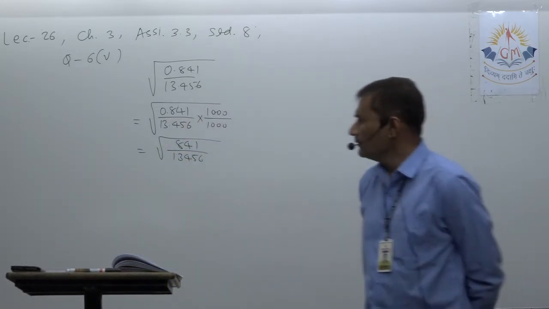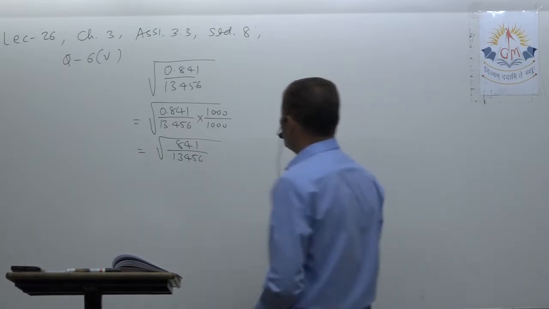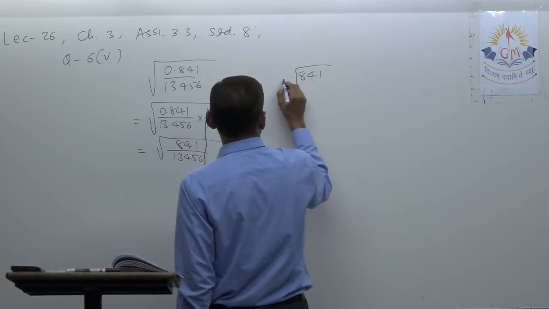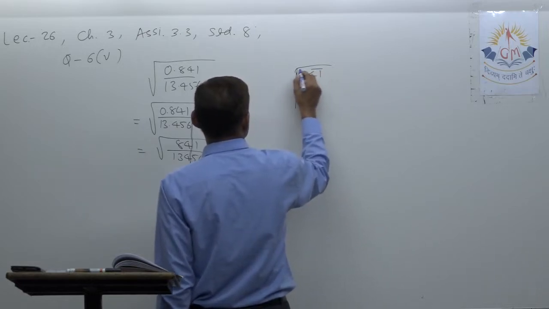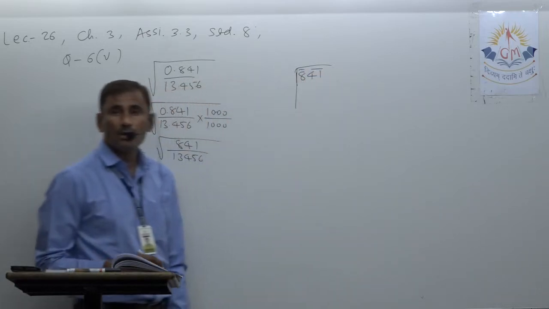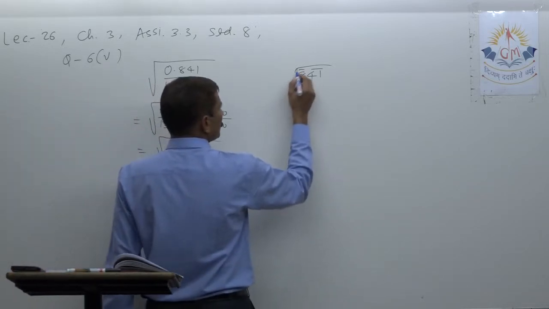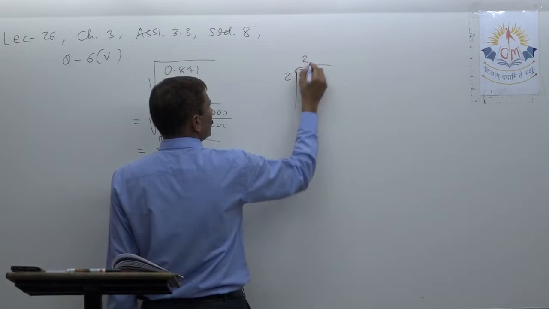Okay, and if you want you can. So let's first find the square root of 841. You know how to find square root. We mostly prefer the long division method.